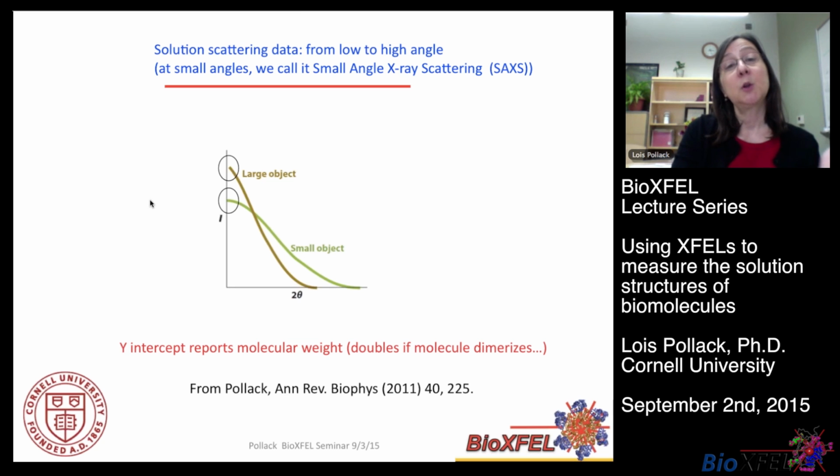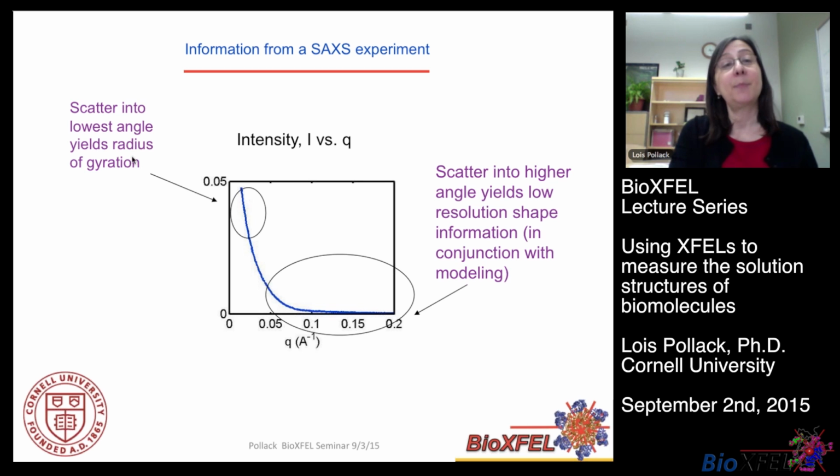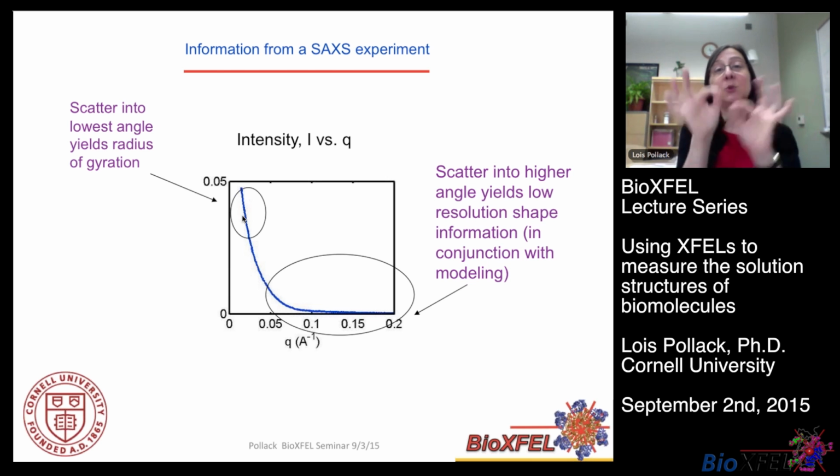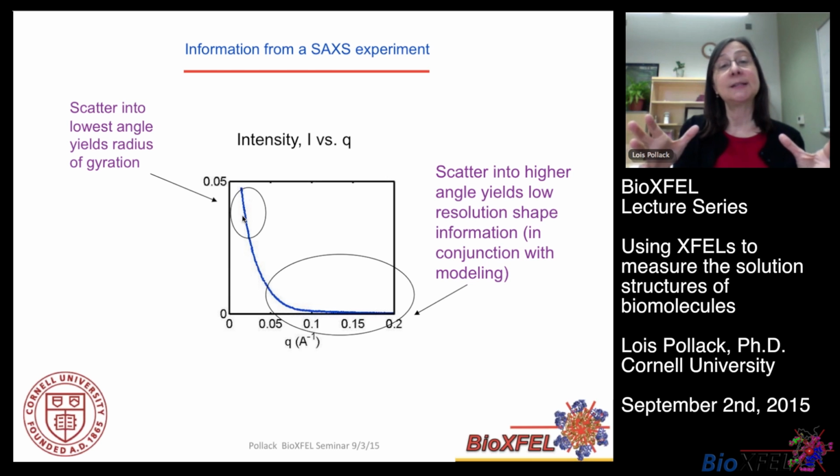It's very, very useful. You can get a lot of information that way. So as we move to larger angles, again, walking up the curve, the scatter at the lowest angles, so still near zero, but not at zero, gives you information about the largest spatial dimension in your sample, which we call the radius of gyration. That's just the mean square distance between all pairs of electrons in the sample. So you get the information about the largest spatial dimensions at the lowest angles.